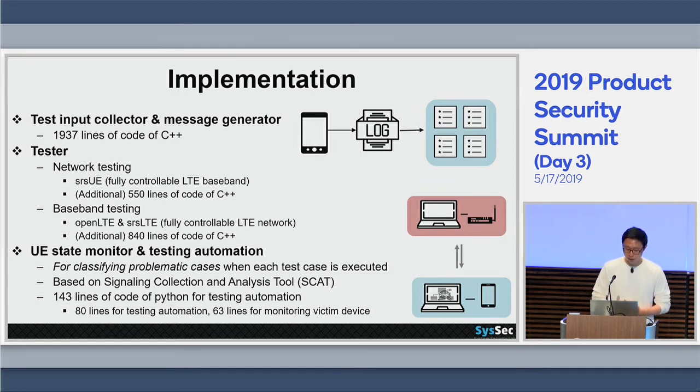For baseband testing, initially we used OpenLTE, and we are now migrating the code to srsLTE. We also implemented the UE state monitor based on the signal collection and analysis tool, in short SCAT, which we published last year. By using this, we could automatically classify problematic cases for each test case.